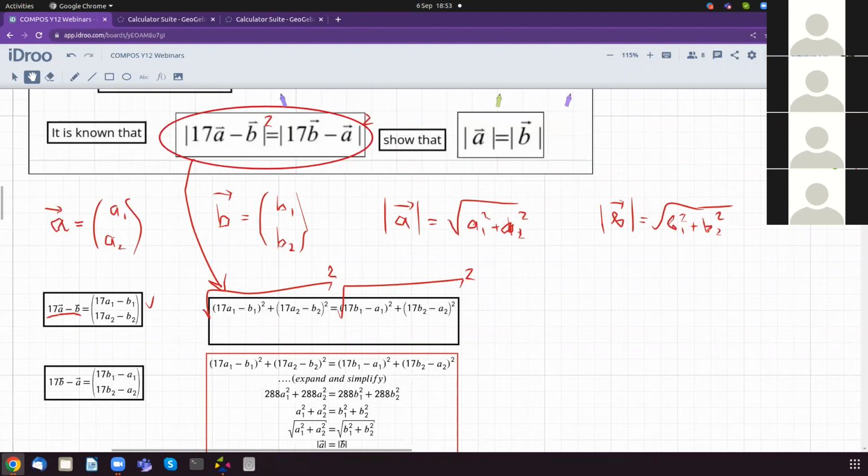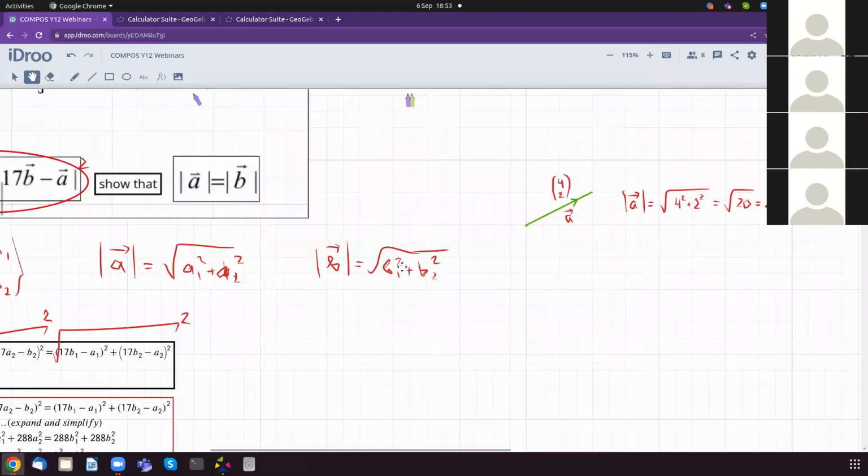So how does the modulus of a vector relate to the absolute value in maths? The absolute value as in the size. Oh, yeah, absolutely.